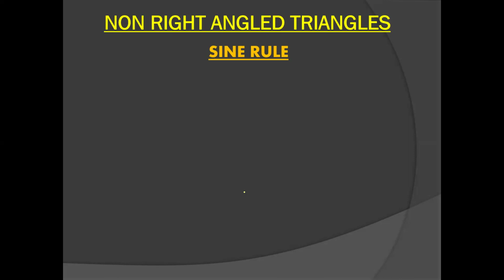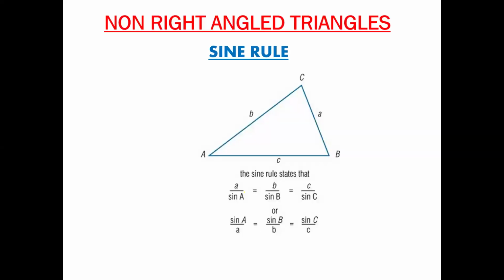Sine rule: a upon sine A is equal to b upon sine B is equal to c upon sine C. Look at these arrows. In front of a, it is angle A. In front of b, it is angle B. In front of c, it is angle C.